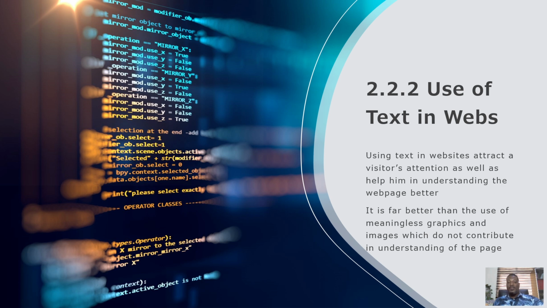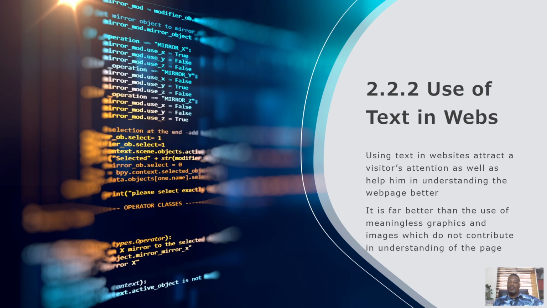And there are certain reasons why text sometimes is preferred over maybe pictures and certain graphics. I will explain on that. It is far better than the use of meaningless graphics and also images which do not contribute any understanding to the page.